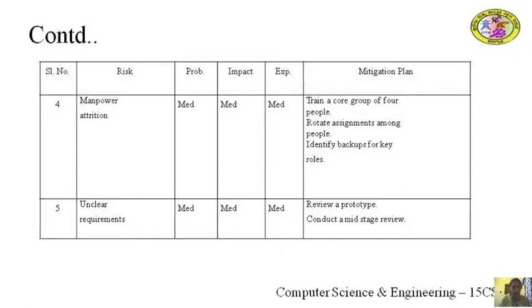Risk number 5 is unclear requirements, which has the probability as medium, impact as medium, and exposure as medium. The mitigation plan for this risk is to review a prototype and to conduct a mid-stage review.